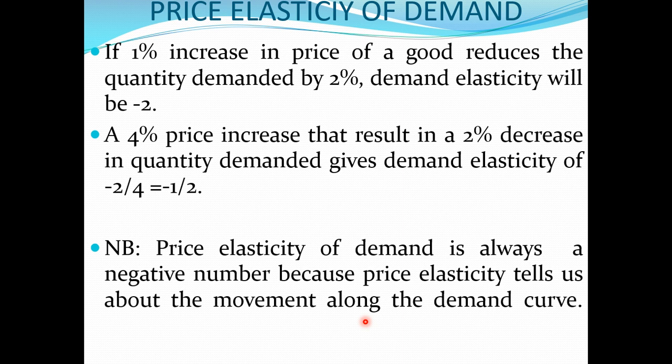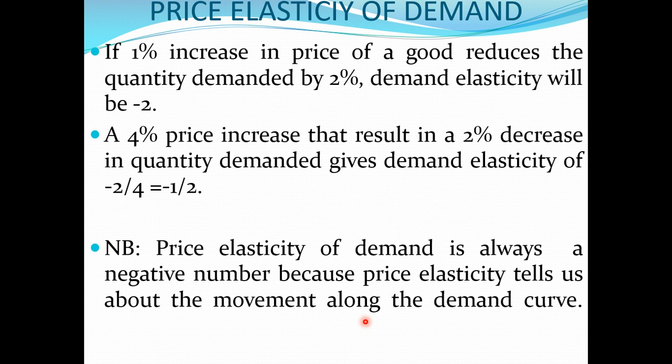Elasticity is going to have a negative sign always. Why? Because we are talking about the price increasing. As the price is increasing, quantity demanded is reducing. So positive and negative gives negative. That is the reason why elasticity is going to have a negative sign.